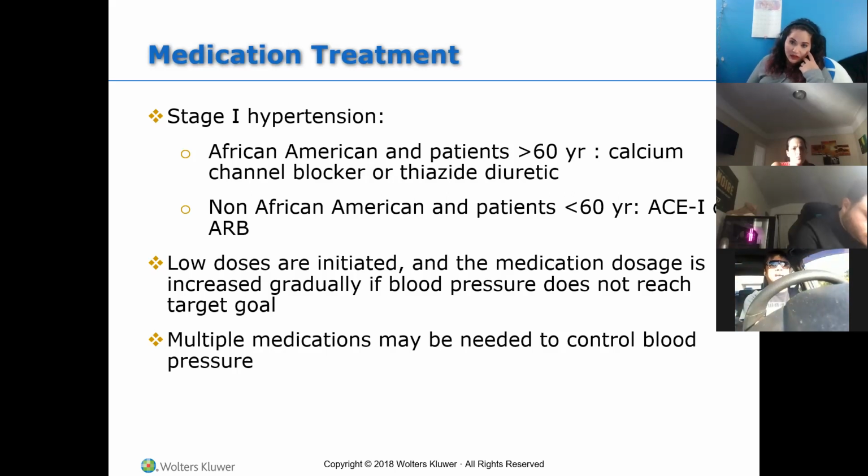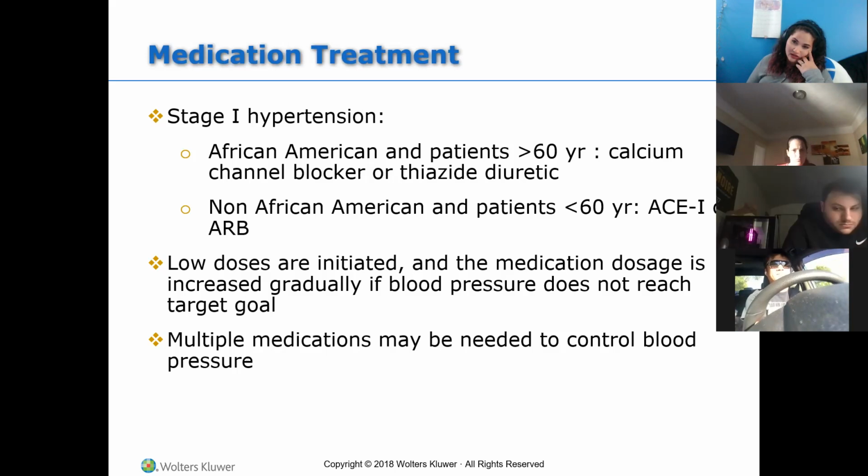So thiazide works better on the African American population? I thought it's only the calcium channel blocker. It says calcium channel blocker or thiazide diuretic. There's a specific medication. Is it amlodipine?